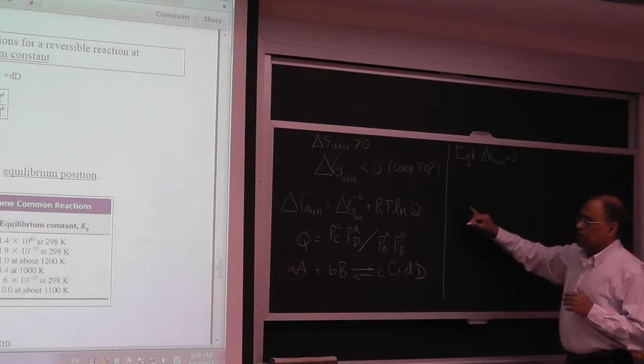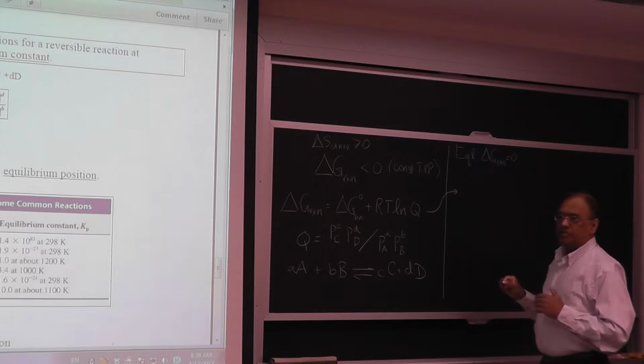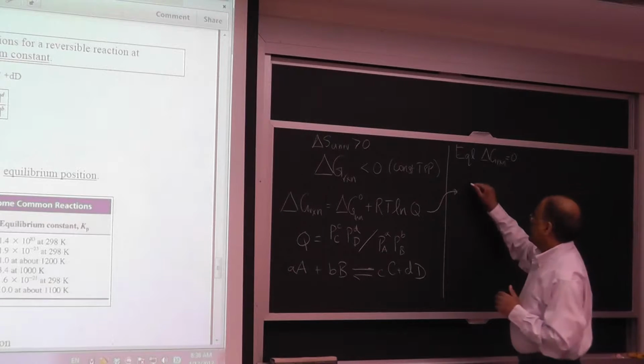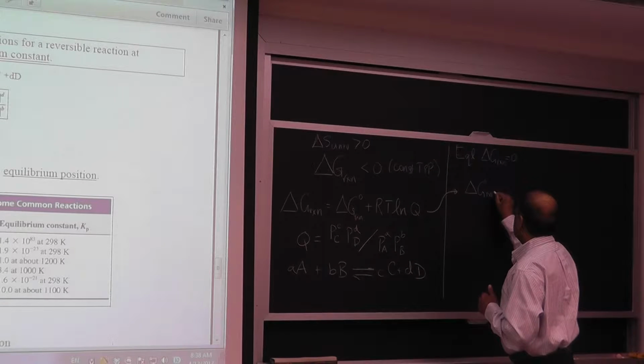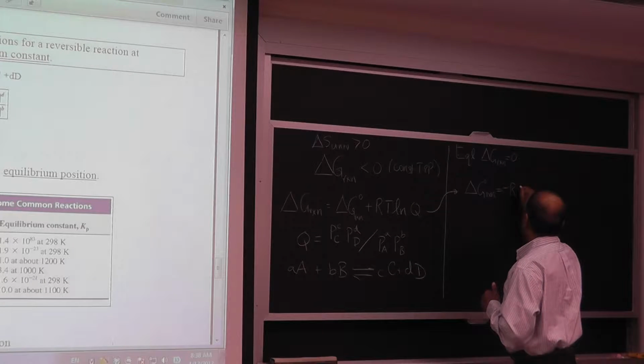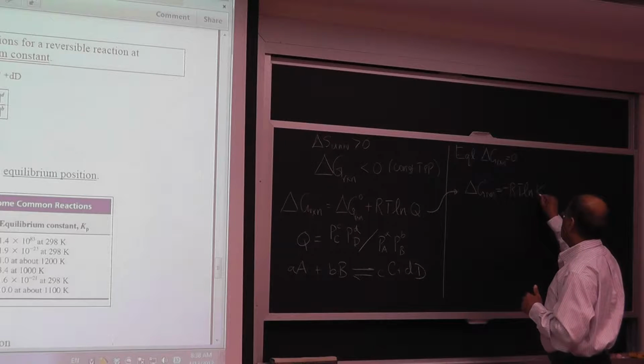And if that is true, what does this equation become? Delta G naught reaction becomes equal to minus RT natural log of K.